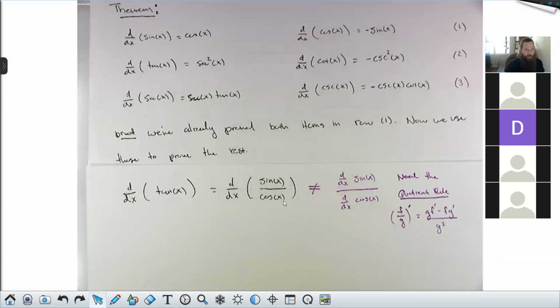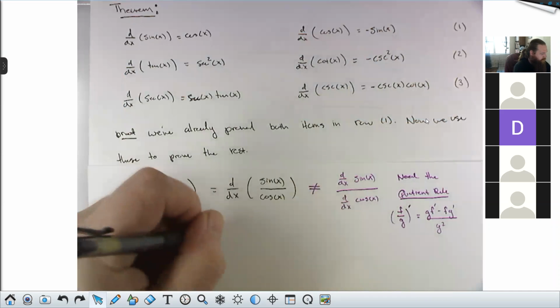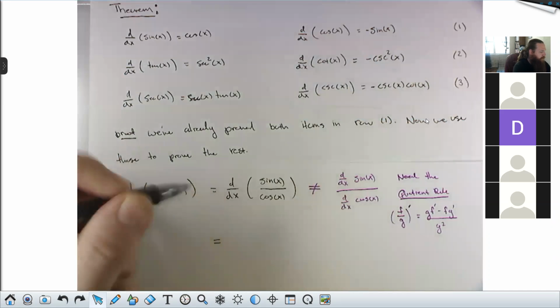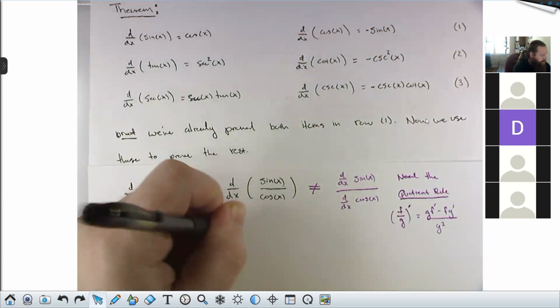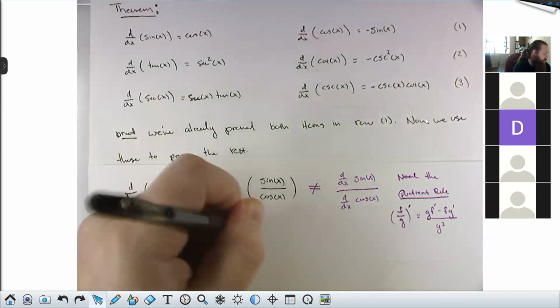And the nice thing is that all the other trig functions are quotients of sine and cosine. So we can cook up the derivative of any of these four by rewriting them as sines and cosines. So while this isn't kosher, what is kosher is I write this time as the bottom times the derivative of the top. And I'll use the prime notation here because it's nicer.